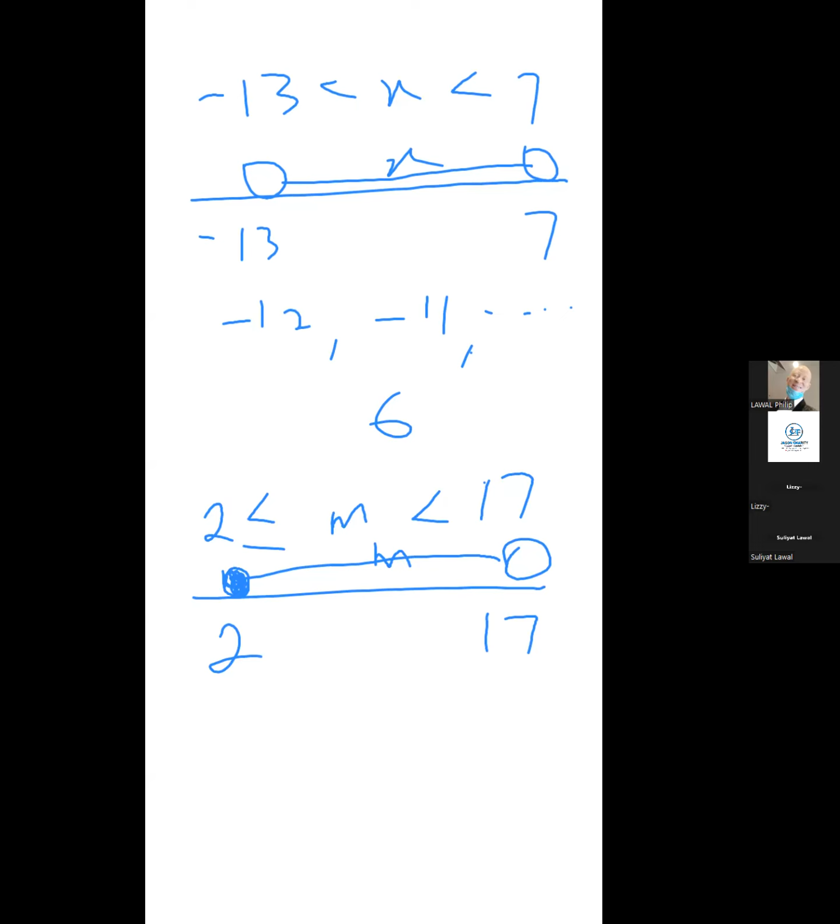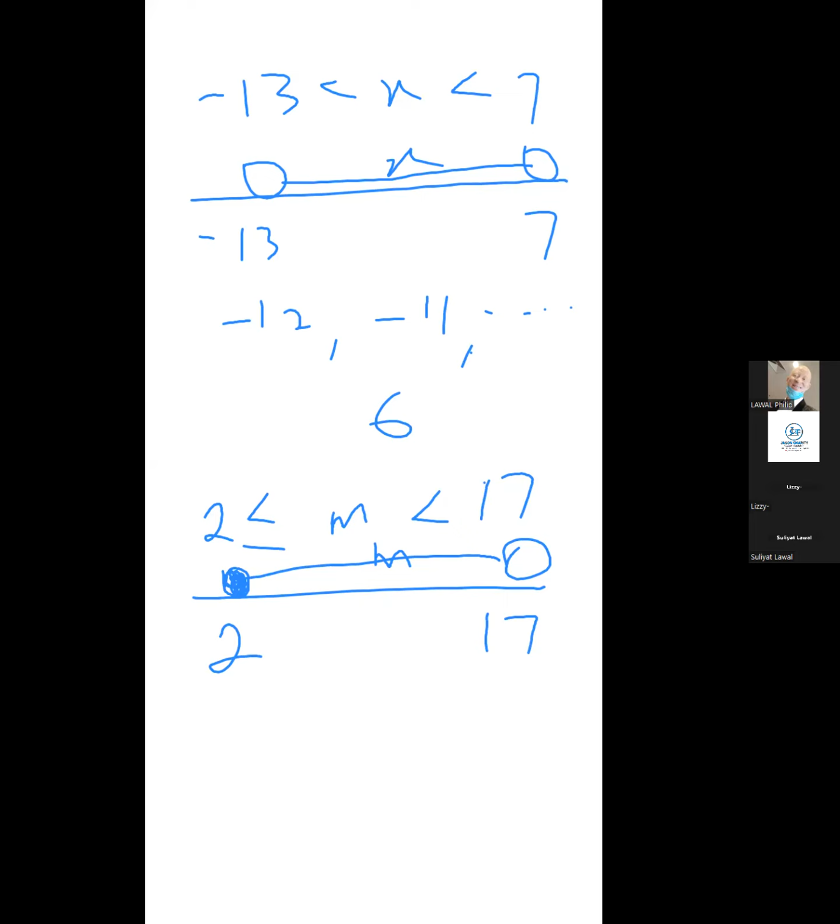But when it is strictly less than or greater than, you say between. Like I mentioned, between minus 13 and 7 is from minus 12 to 6. 13 and 7 are not parts. But in this case, 2 is part, but 17 is not.